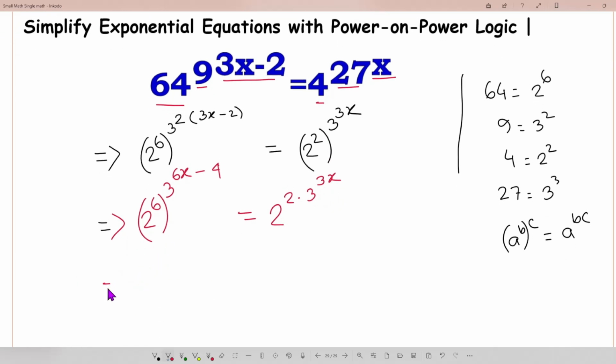Okay. Now this one is 2 to the power 6 times 3 to the power 6x minus 4, and here is 2 to the power 2 times 3 to the power 3x.